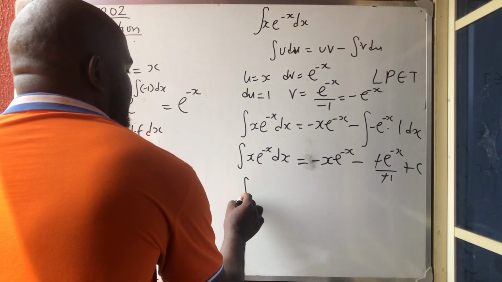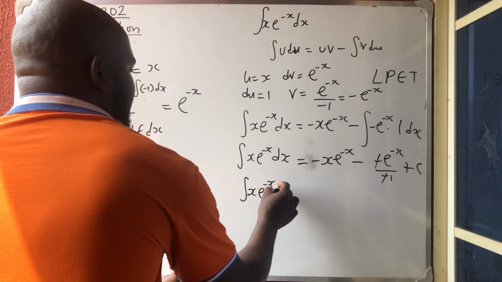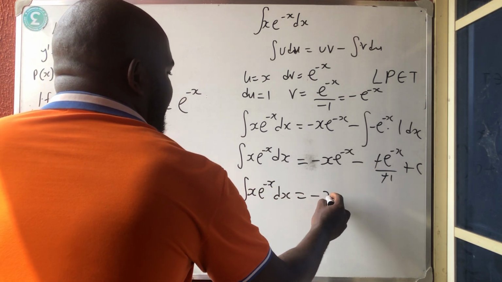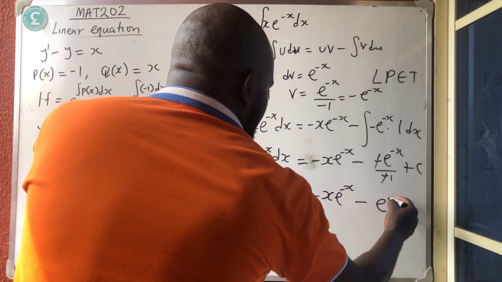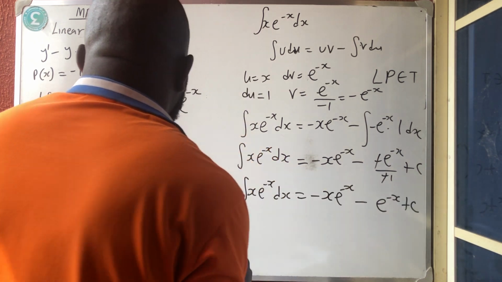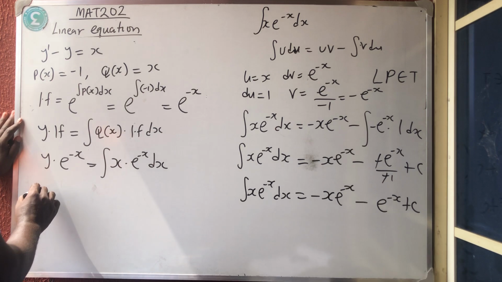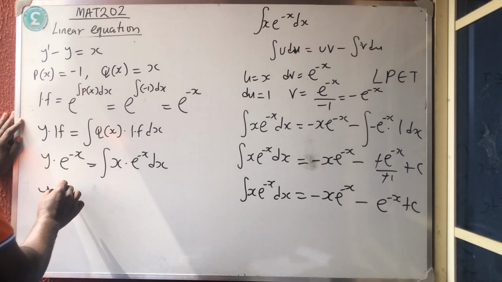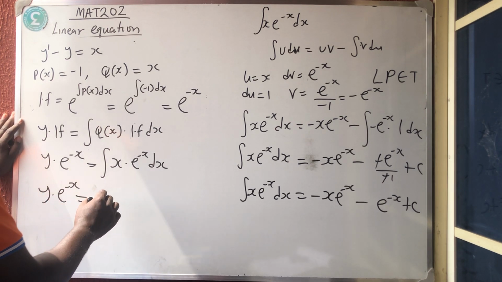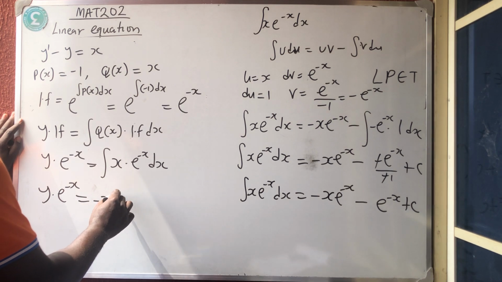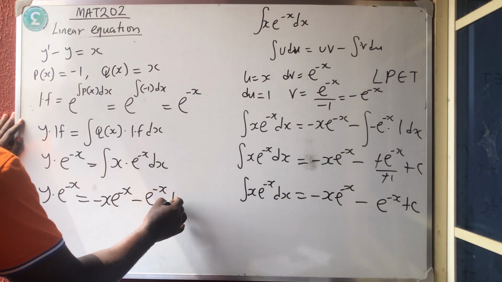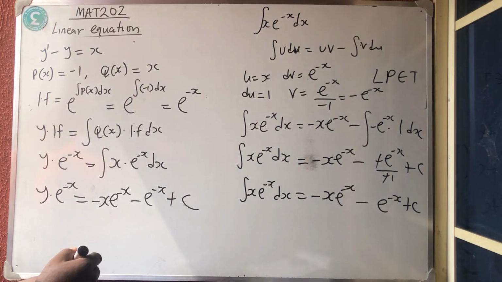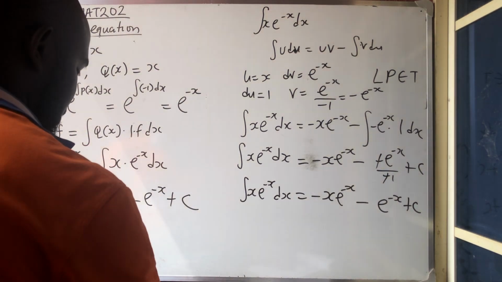So the integral of x e raised to power minus x dx is equal to minus x e raised to power minus x, then minus e raised to power minus x plus the constant. So then put it here. My solution becomes y dot e raised to power minus x is equal to minus x e raised to power minus x minus e raised to power minus x plus a constant. So that is the solution to that.